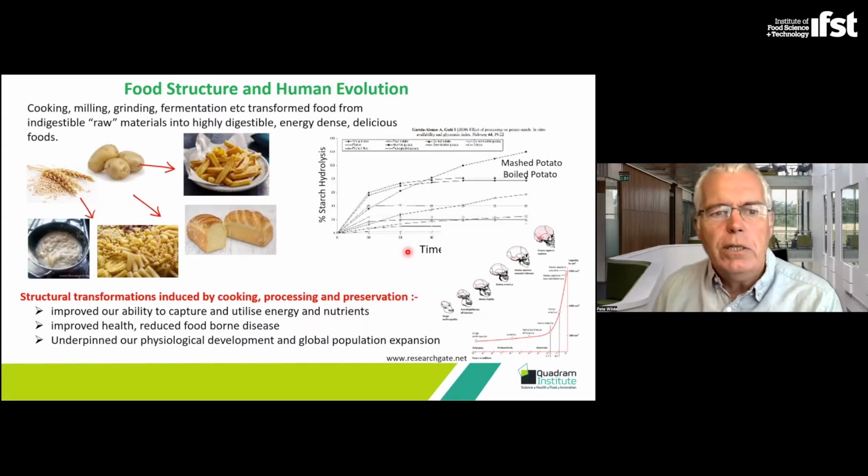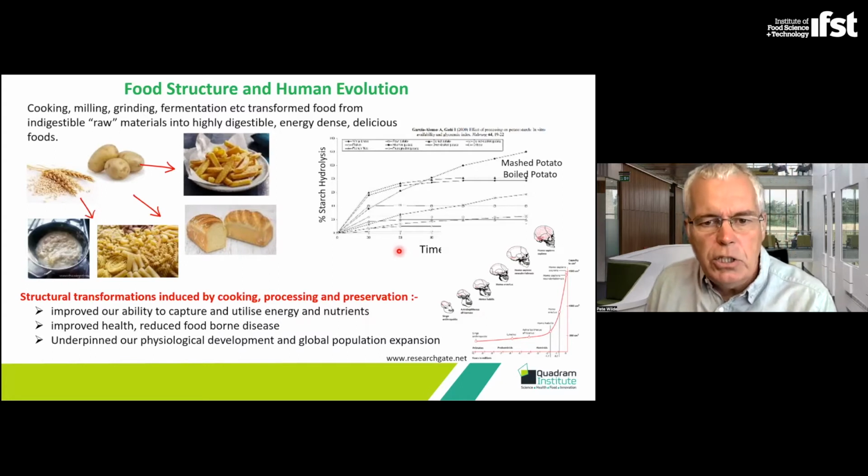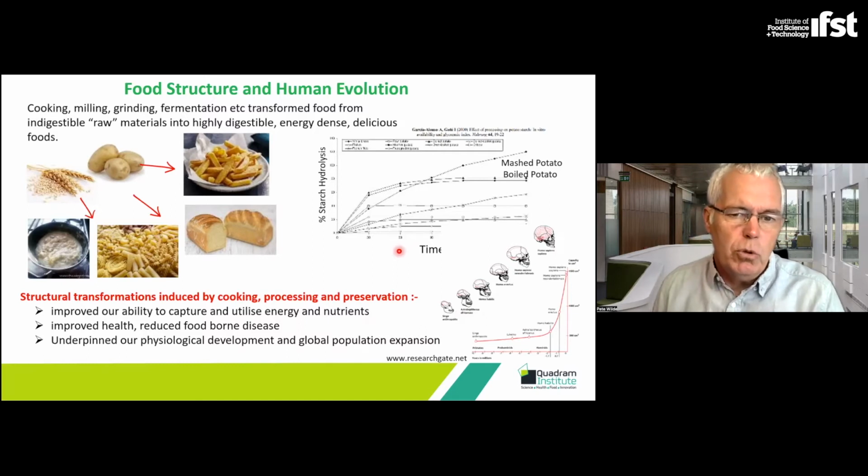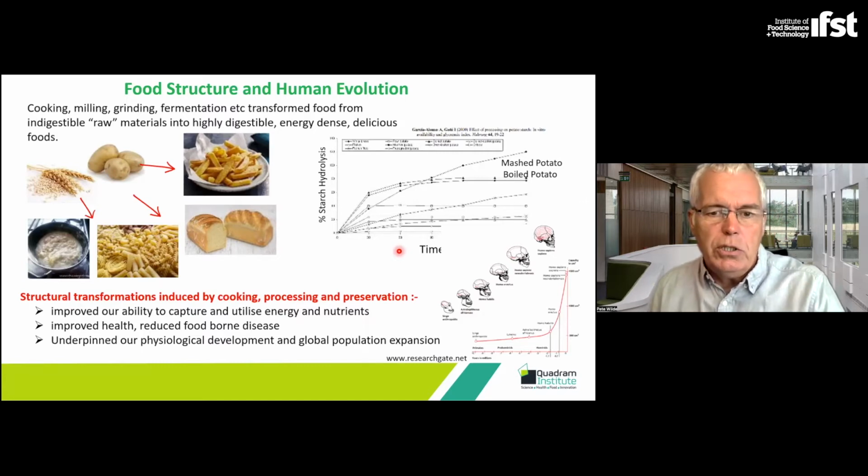It improved our ability to capture and utilize energy and nutrients, which improved health and reduced foodborne diseases of our ancestors. And a lot of people believe this underpinned our physiological development and our global population expansion.